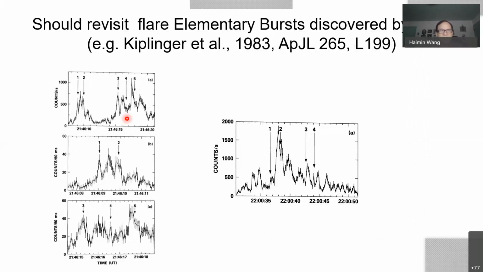And so I just want to mention, it's almost 40 years ago, some of us probably remember, there's the SMM mission, Solar Maximum Mission, using the instrument called HXRBS, whatever that was. Kiplinger pointed out there are a lot of so-called elementary bursts.